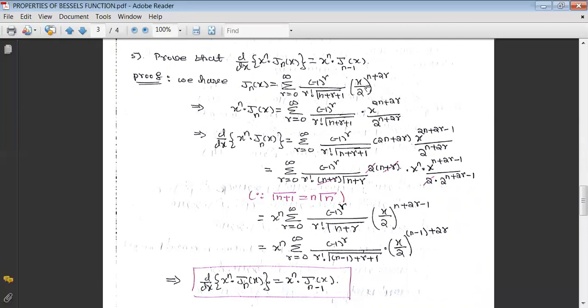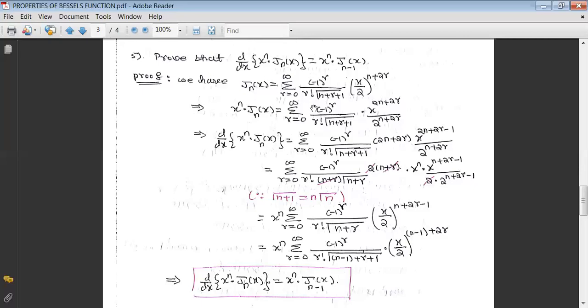Before multiplying, this was x raised to n plus 2r. Multiplying once again by x raised to n, the base is the same, so by adding the powers, it results in x raised to 2n plus 2r. And this one, taking the power, becomes 2 raised to n plus 2r.